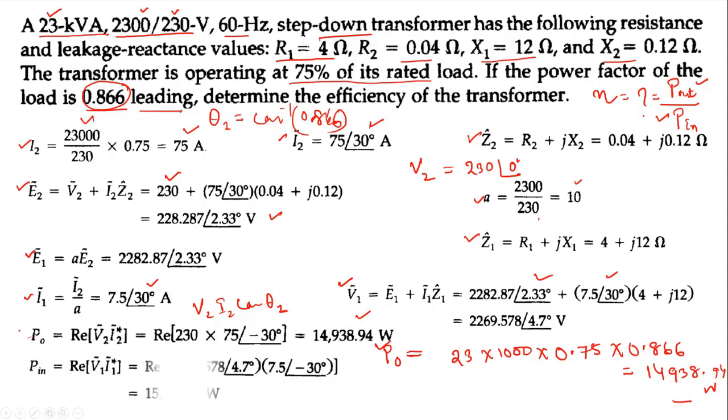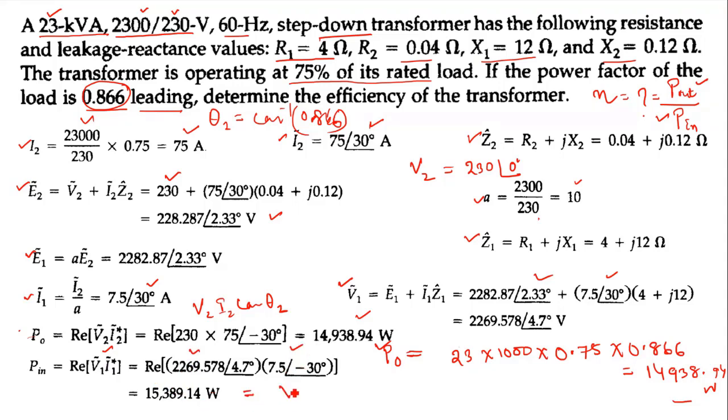Now we'll find the input power. What will be the input power? Input power will be nothing but the real part of V1 I1 star, which is the complex power. Multiplying V1 and I1, I can find the real part of this.